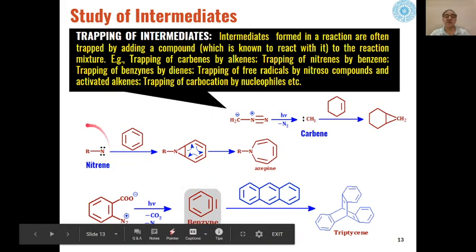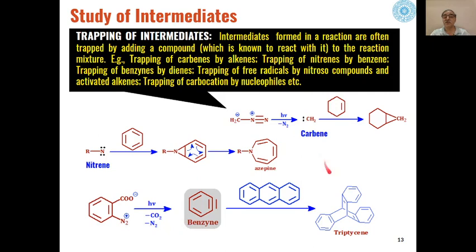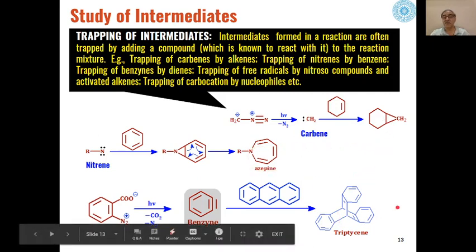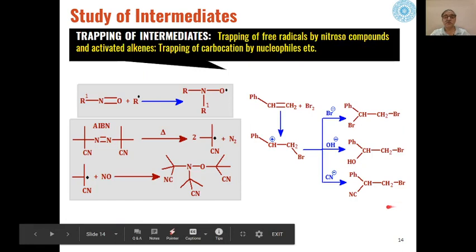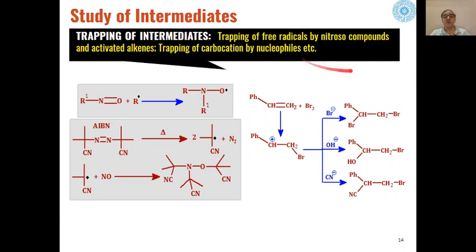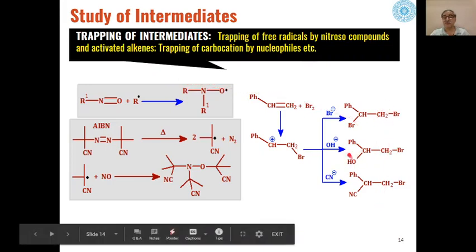Either benzynes or nitrenes or carbenes as intermediates are proved by the formation of these types of products. Then trapping of radicals in nitroso compounds, or activated alkenes, can also be done by formation of different types of products.